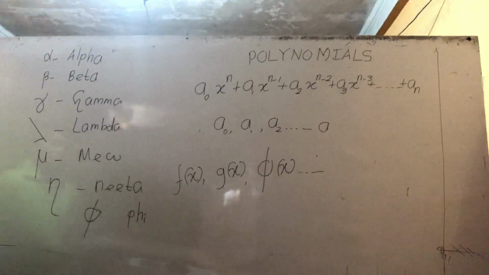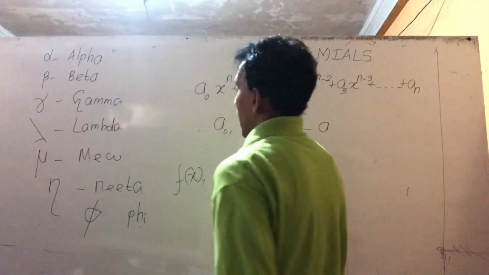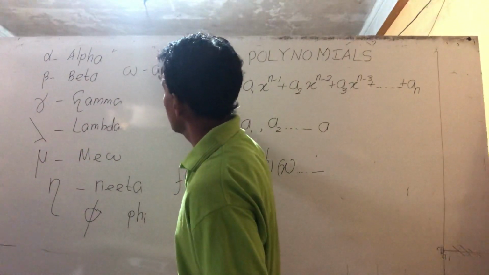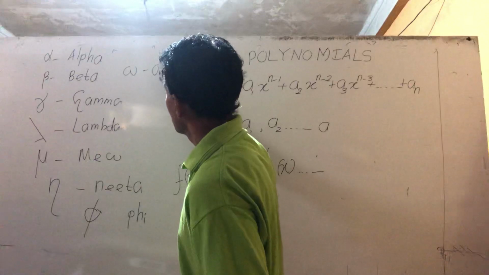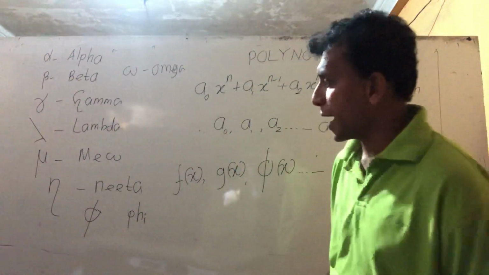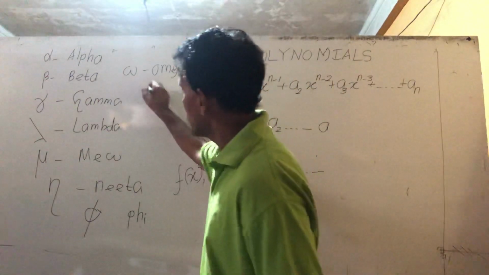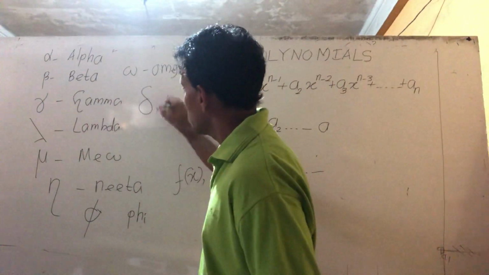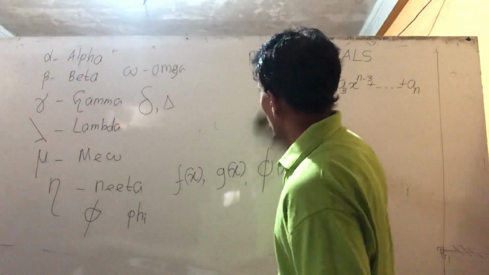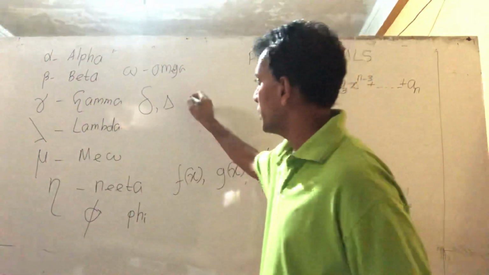There are a lot of letters like this, and here omega. Alpha, beta, gamma, delta, you know, this is called delta, or this also, the triangle shape, is known as delta, right? Delta.